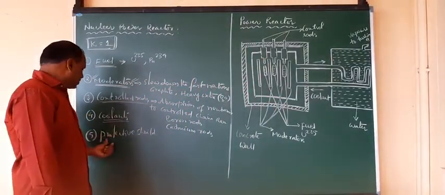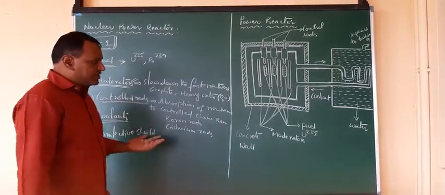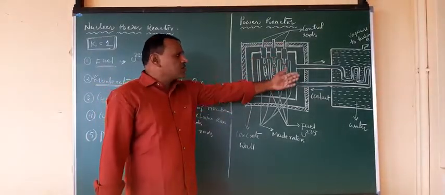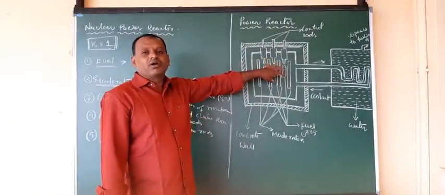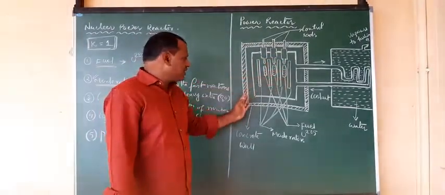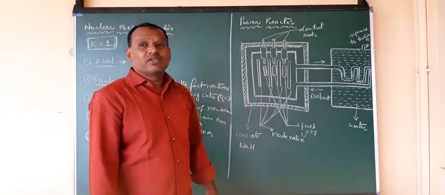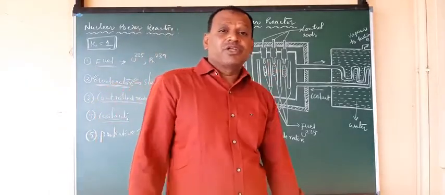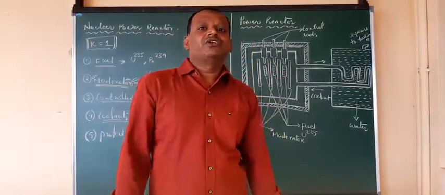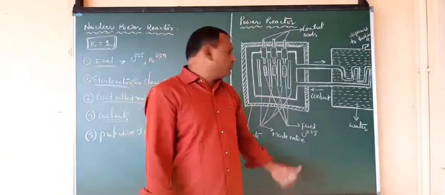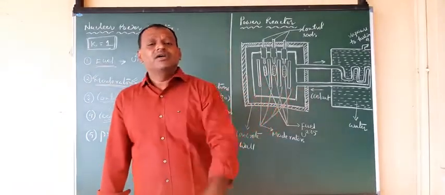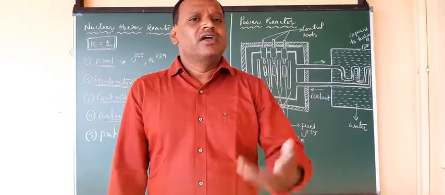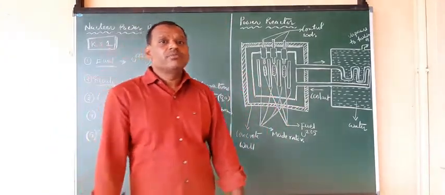And next we can observe the protective shield, as I said. This is the external part, within which all these reactions and operations are carried out. It protects against the radiations generated during the nuclear reactions. During these nuclear fission reactions inside the reactor, we can also get radiations like gamma radiations, alpha radiations or beta radiations.